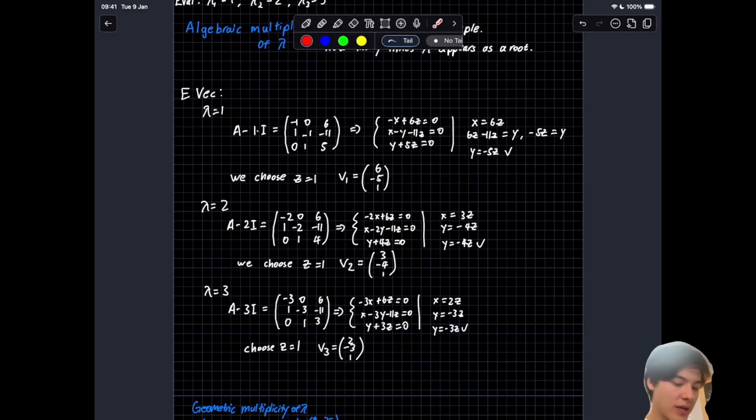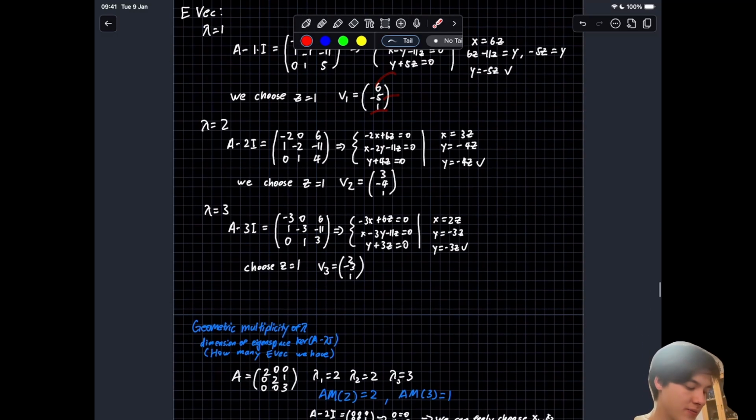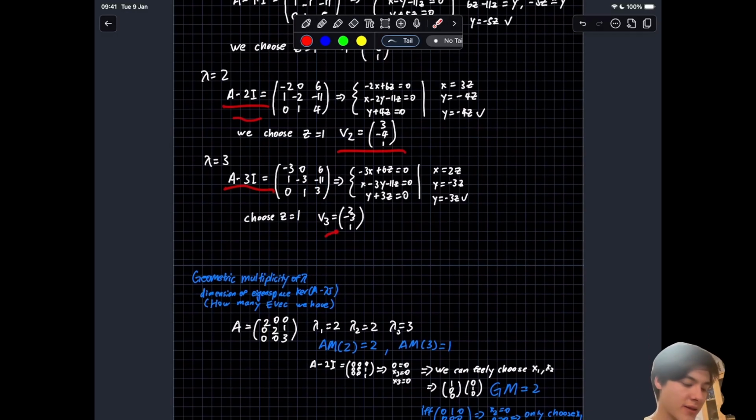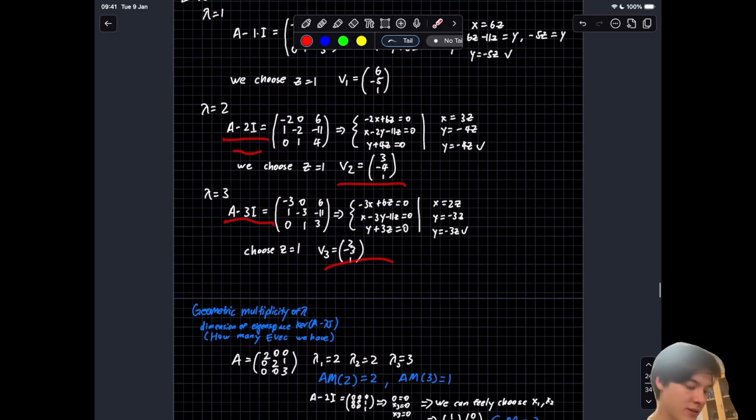That means if we just set z as 1, then y is minus 5, and x would be 6. So in this case we can freely choose one variable. I would just choose the easiest, like 1, and then fill out the rest. We do the same for the other 2, and then we get the other 2 vectors.